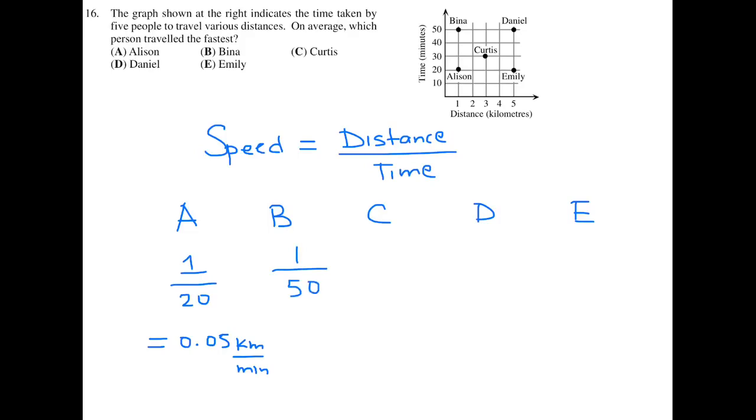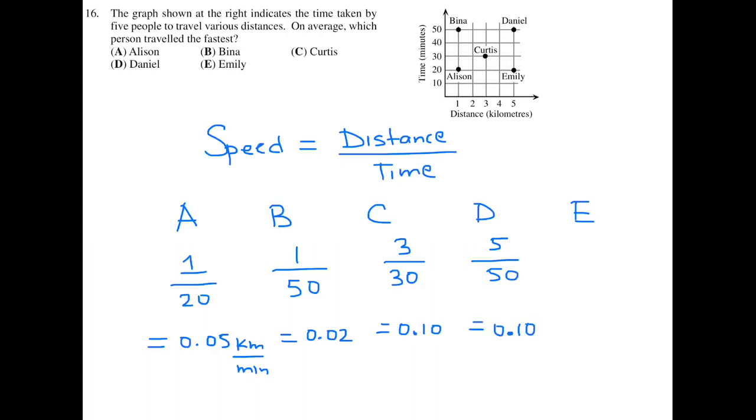So this looks like 0.02. For Curtis, it's 3 over 30, so that is 0.1, like that. And Daniel looks like 5 over 50, so that is also 0.1.